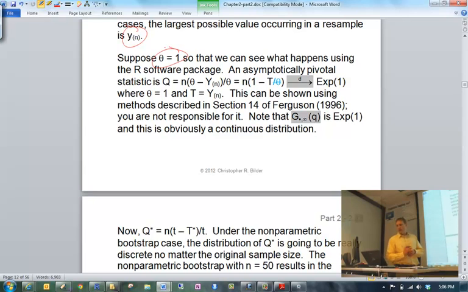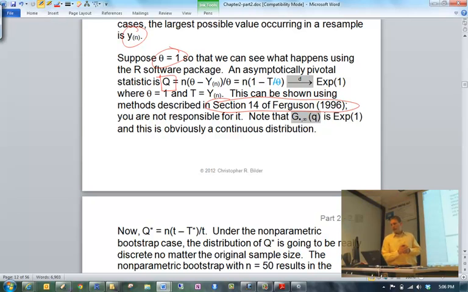Suppose theta is equal to 1. One can find an asymptotic pivotal statistic. And again, I found it for you. If you want to know more about how to do this, see section 14 of Ferguson 1986, a whole section on what's called extreme value statistics.